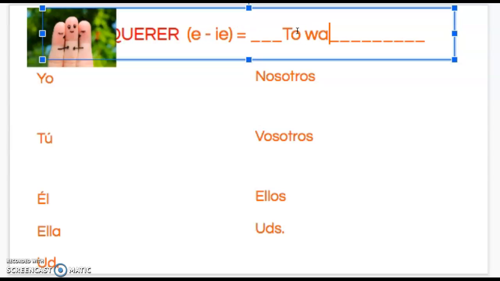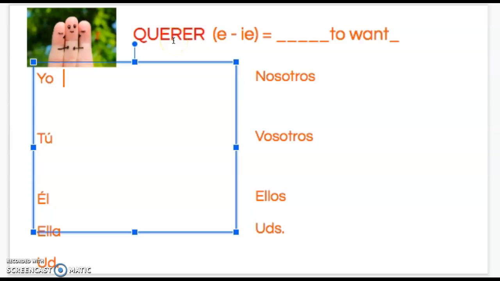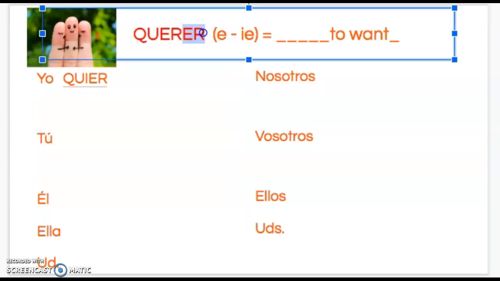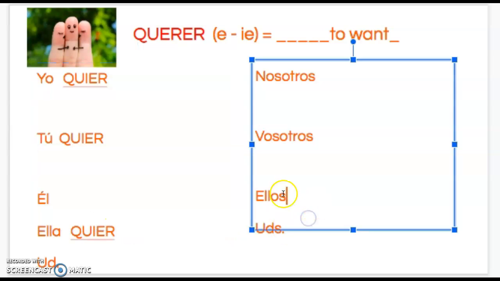Querer means to want. So inside my boot, I'm going to put my change: Q-U-I-E-R. And I'll go to the toe part.